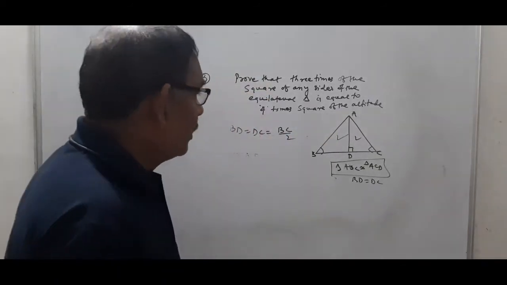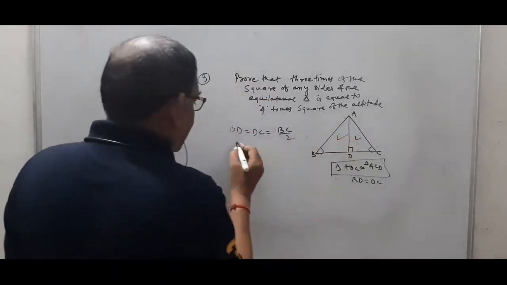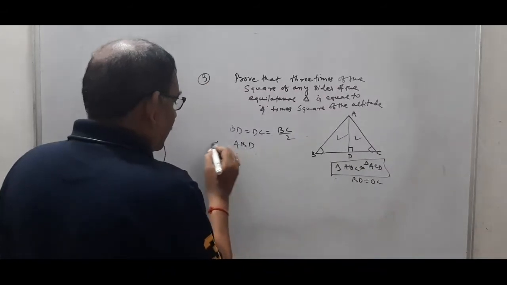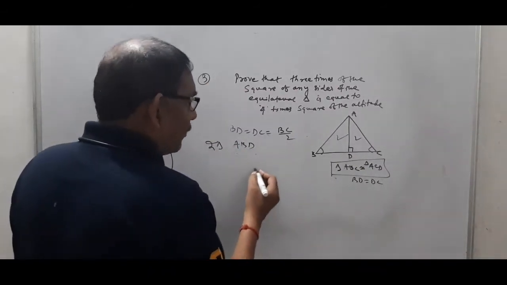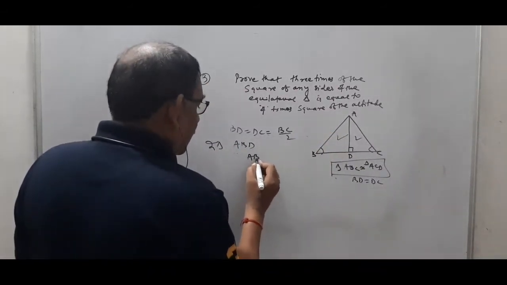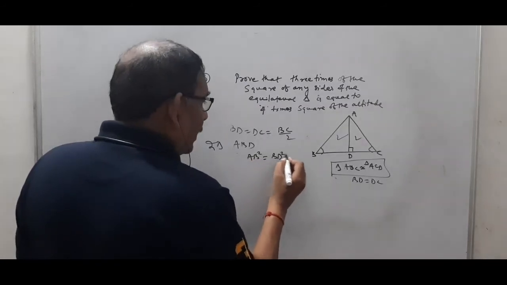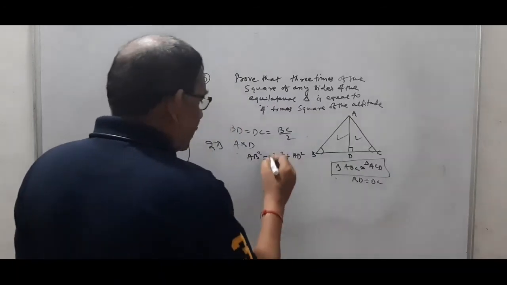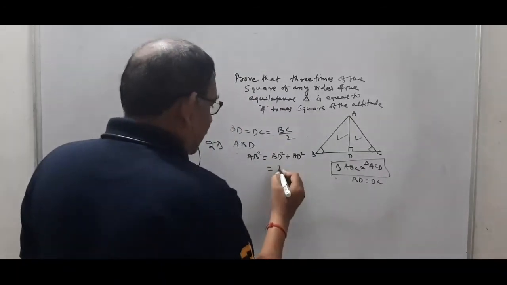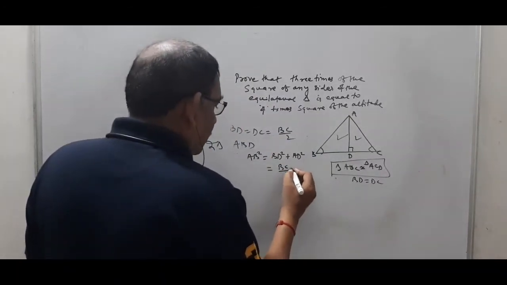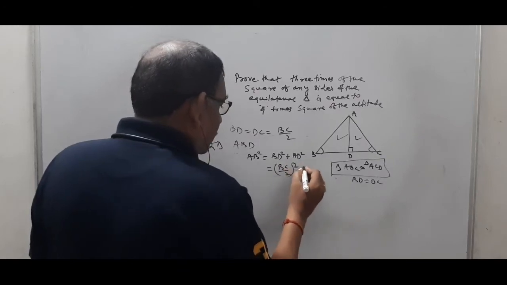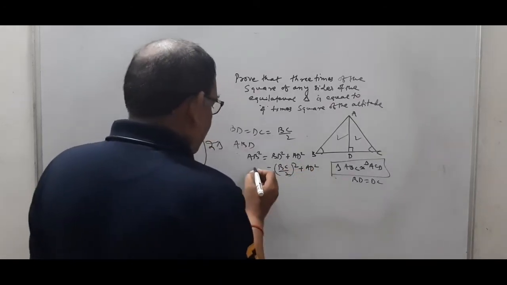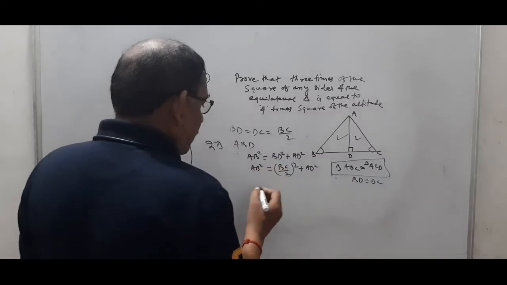Clear? Now take this triangle ABD. In triangle ABD, AB square equals BD square plus AD square. Replace the BD in terms of BC, that is BC by 2 whole square, then AD square.